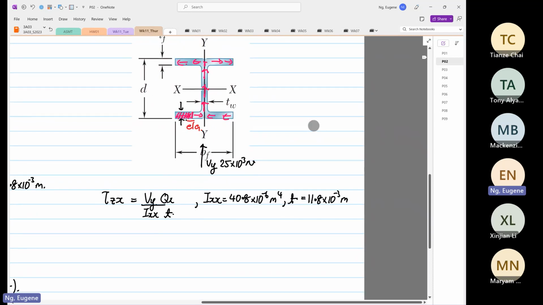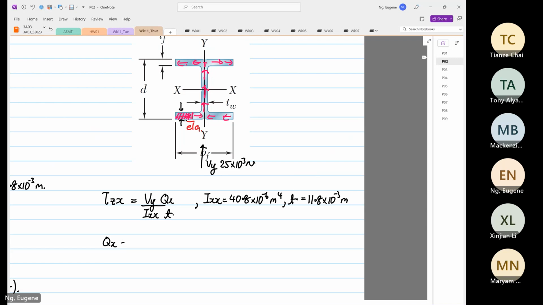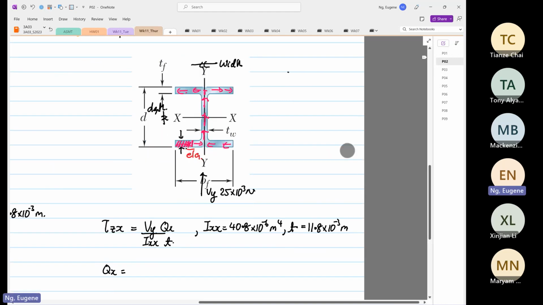So the next thing is how to determine the Qx. Now we know, because we are looking at Ixx, Xx is the axis of interest. So this is the width, and over here, this is the depth.